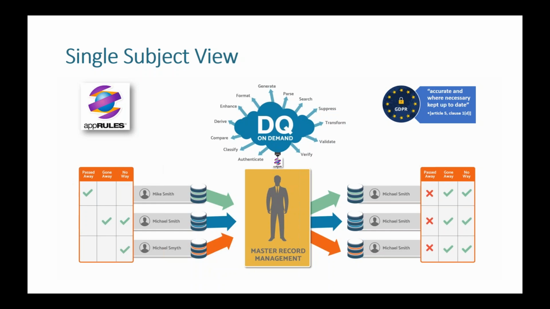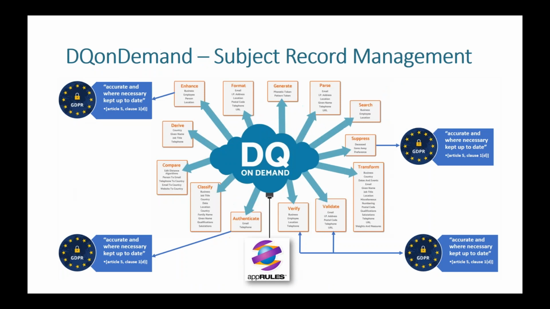And unfortunately, he said he's not prepared for us to communicate with him. So just expanding that slightly on the next slide, this is where we can go out to our DQ on demand services, use our technologies to go out and look for suppressions and validations and authentications, enhancements, etc., so that we can comply with that requirement to keep our data accurate and up to date.